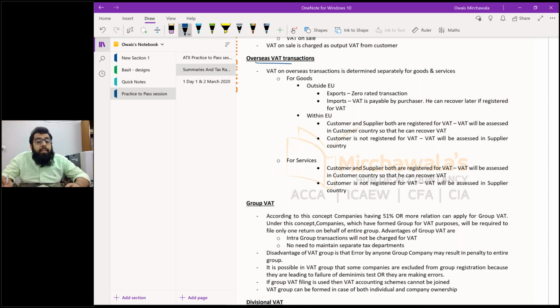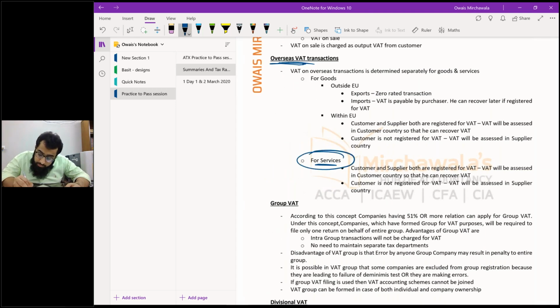For services, the rule is that if customer and supplier both are registered for VAT, VAT will be assessed in the customer country. If the customer is not registered for VAT, VAT will be assessed in the supplier country. Now, this is the rule for services.